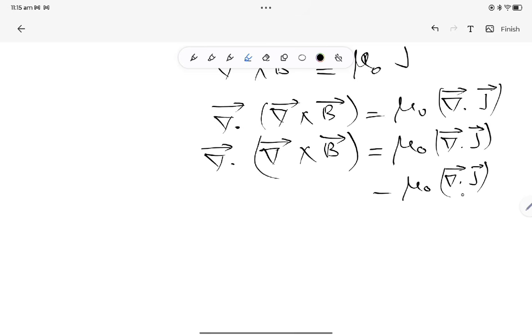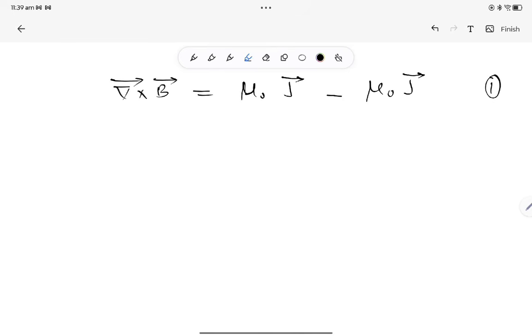But then, what is most striking is that Maxwell had this idea that del dot J can also be expressed in another way. So we can write del cross B is equal to mu naught J minus mu naught J. Of course, this side will be zero.